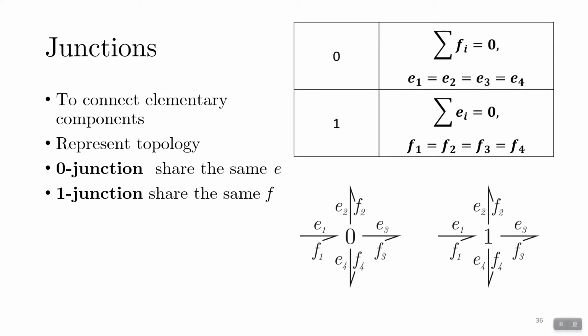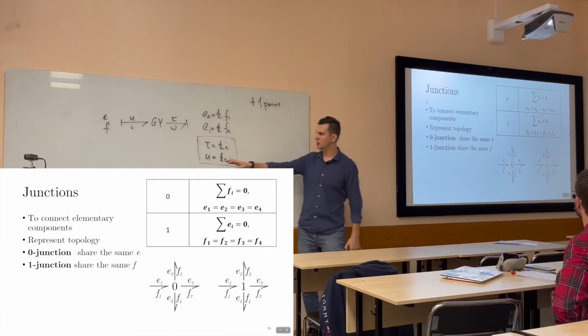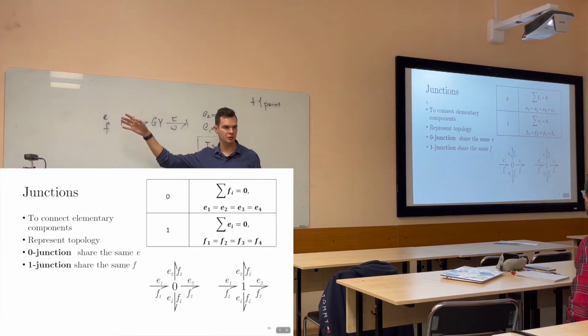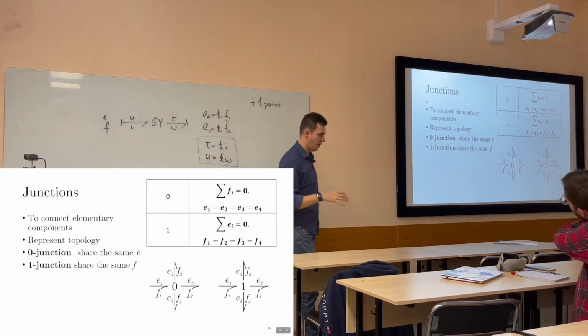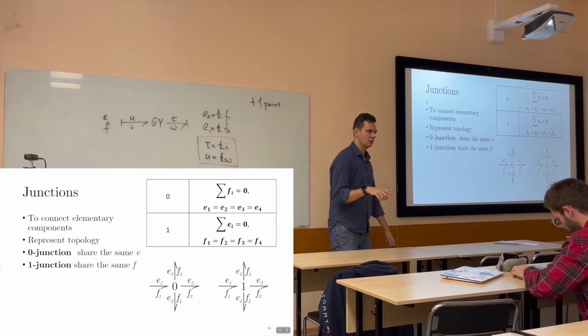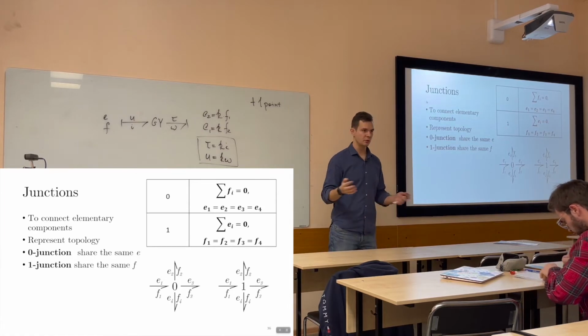All right, so the final building blocks are junctions. It's something that allows you to connect all these building blocks together. So how can you attach this gyrator to your masses, to your inductors, all this stuff?